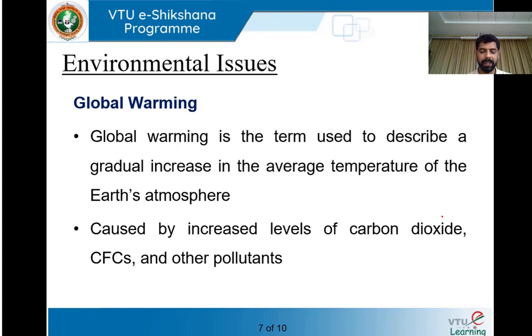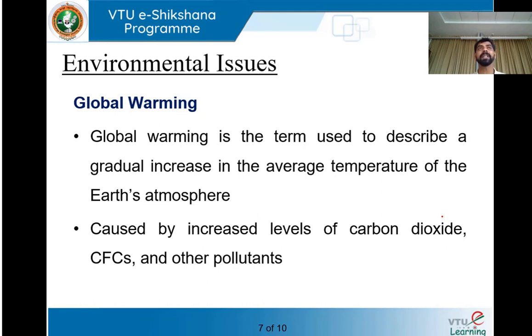So why is it happening? What are the effects of this global warming? Plants and trees are very important for us, because they consume carbon dioxide and release fresh oxygen for us.